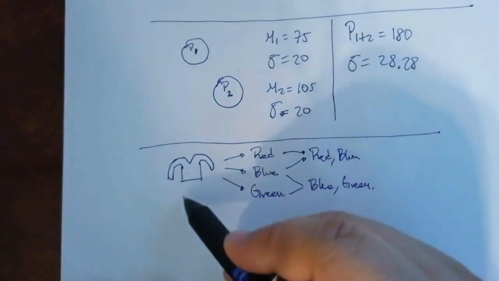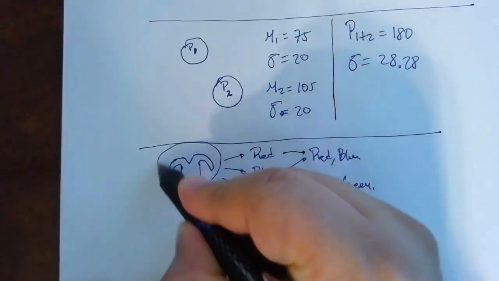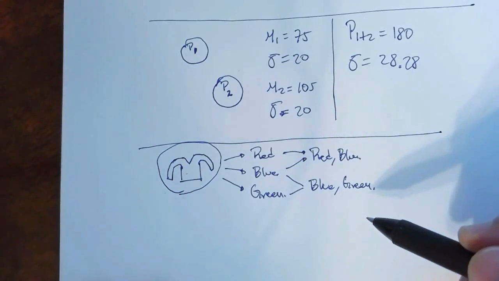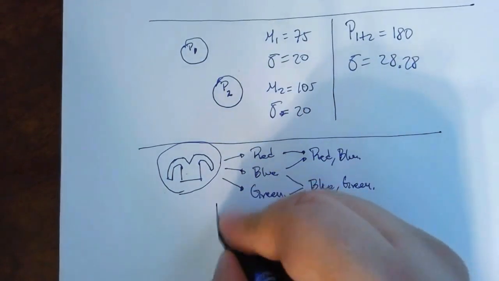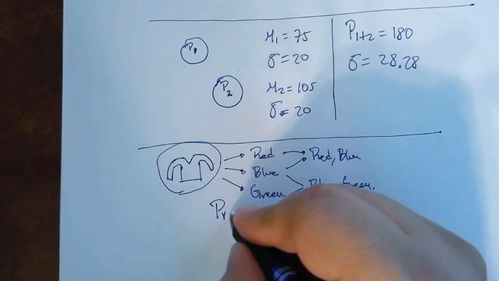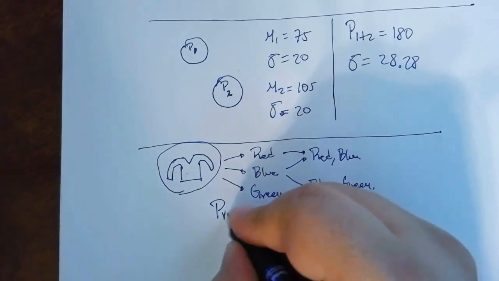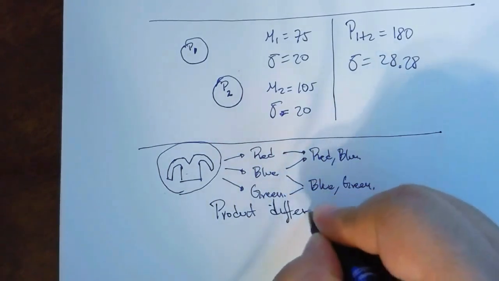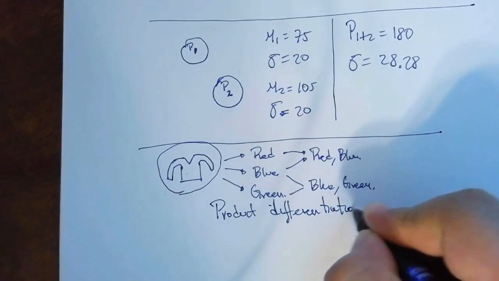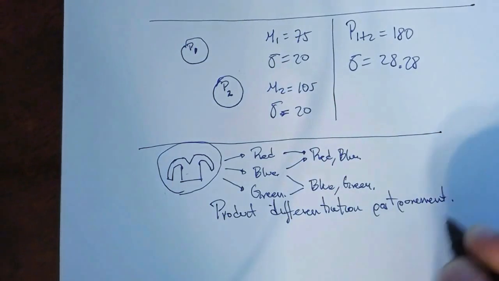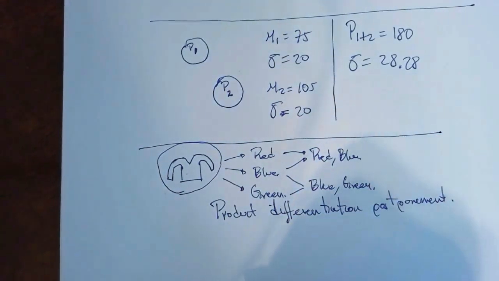All they have to do is originally just produce them in no color at all, and be flexible at the very end to change it to the color that they need. This is what is called product differentiation postponement. And several companies use this strategy.